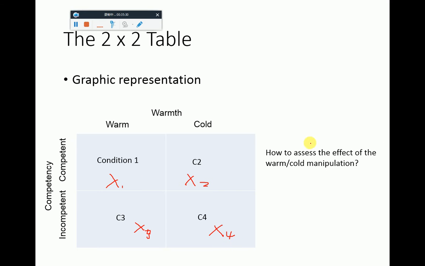Then an equivalent question to this one is, what averages do we compare to determine whether the warm-cold manipulation will indeed produce different scores on Aaron's perceived friendliness? That's my question.